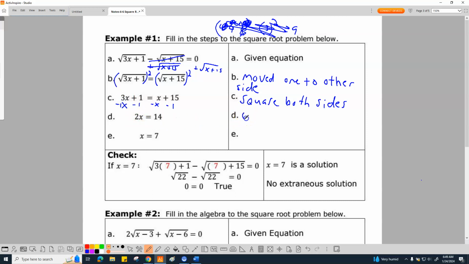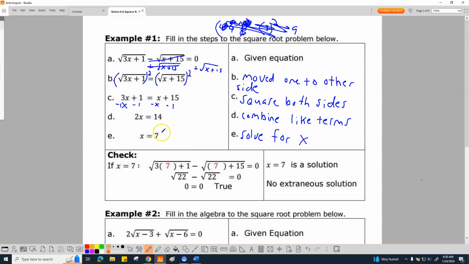So combine like terms, sorry for the handwriting, we know how it goes. Combine like terms, and then solve for x. And you end up with x equals 7.